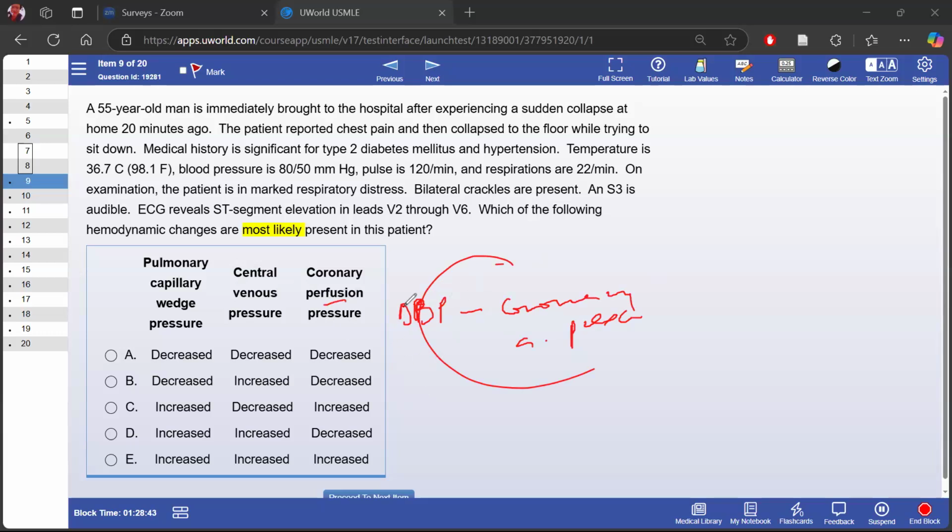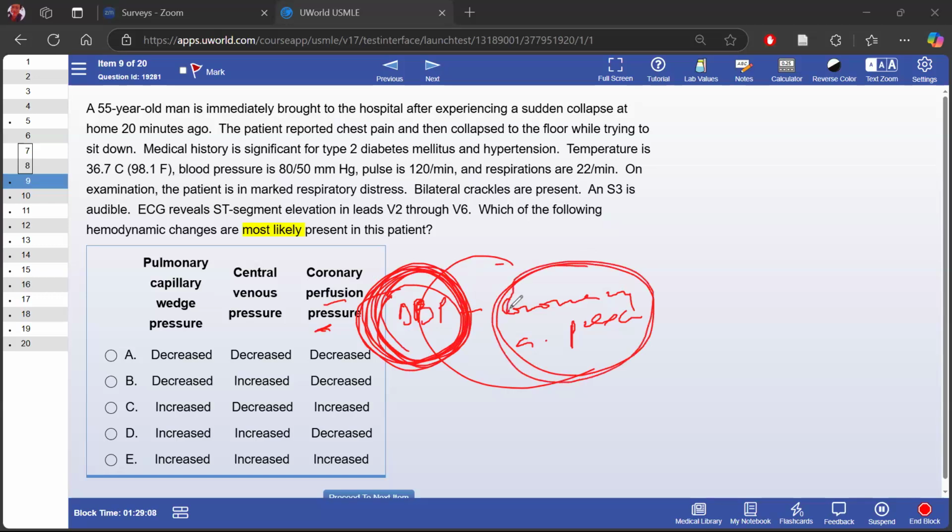If the diastolic blood pressure in the aorta is lower than the coronary arterial pressure, then the coronary artery will not be perfused. So the reason I'm putting this here is for you to understand what can affect this coronary perfusion pressure. It will be anything that could affect aortic pressure, actually the diastolic blood pressure in the aorta, or anything that can affect the coronary arterial pressure.